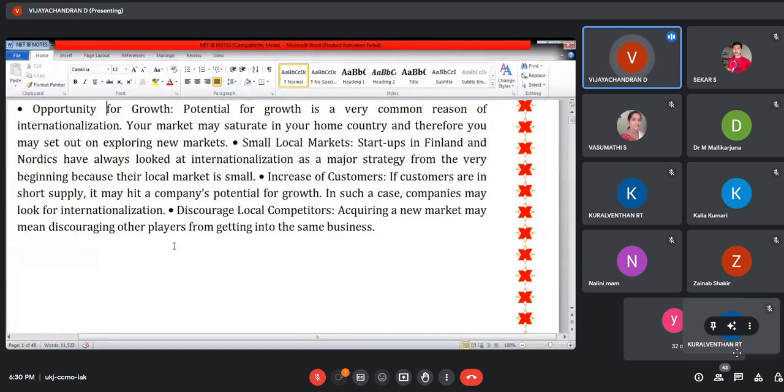For example, 30 years back you could have only one brand of car, say Ambassador. After internationalization, after the LPG era and globalization, you have different brands and varieties of cars, like Hyundai and BMW. Different varieties of cars are available to the customers.